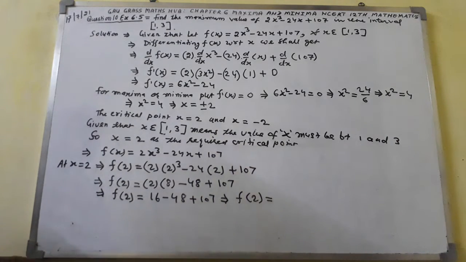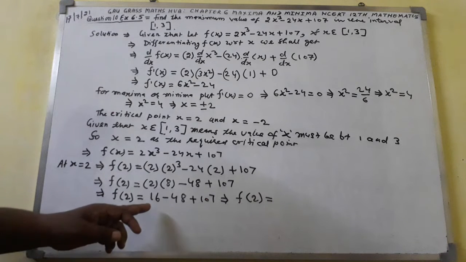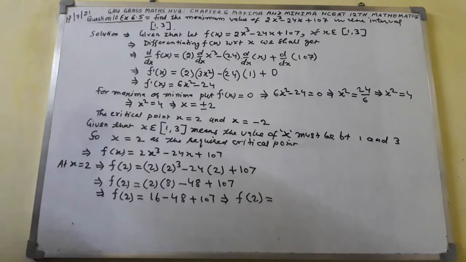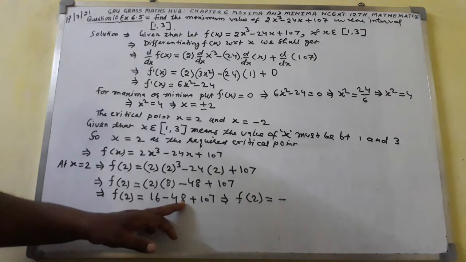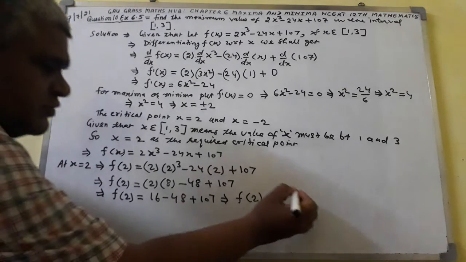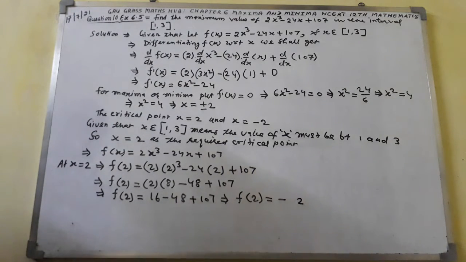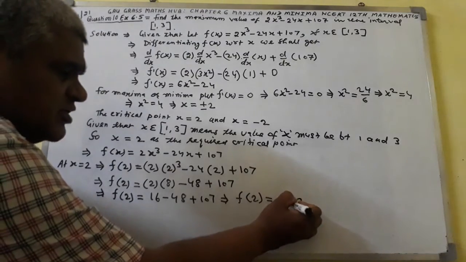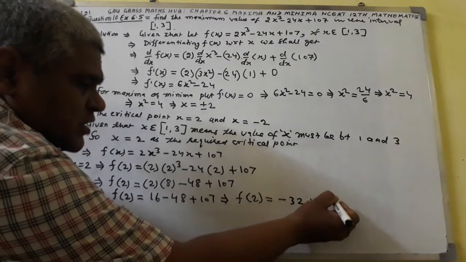Implies that f of 2 equal to 16 minus 48 plus 107. Implies that f of 2 equal to, just calculate this one: 48 minus 16, I shall get here minus 32. 8 minus 6 comes out to be 2, 4 minus 1 comes out to be 3, plus 107.